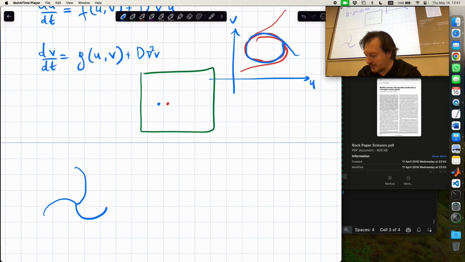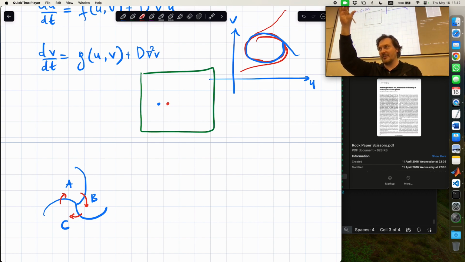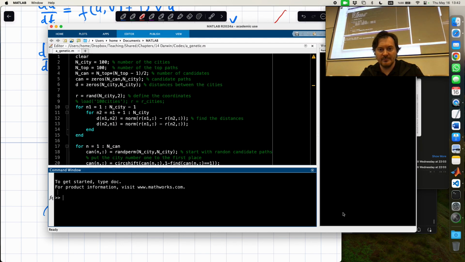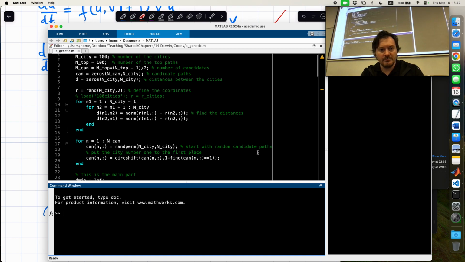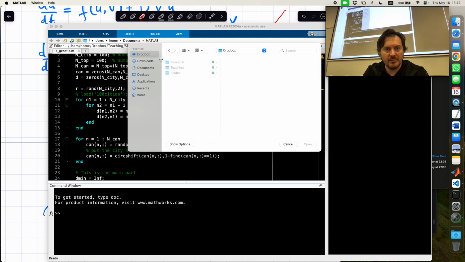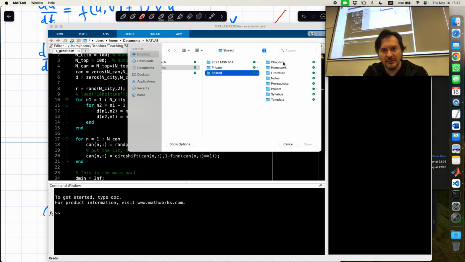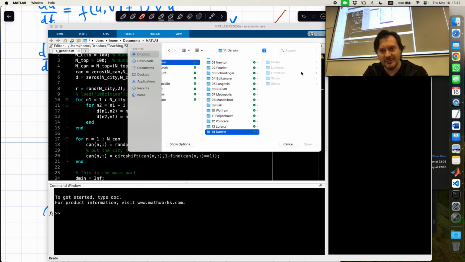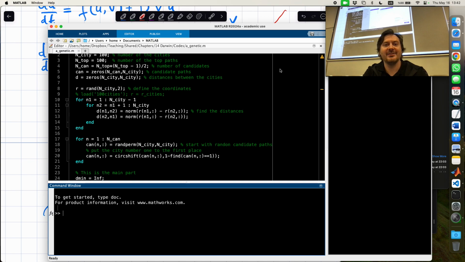Like this kinds of spirals. A is eating B, B is eating C, and it rotates like this because in the time that the B eats C and expands over there, C eats A and expands to the other side, so it starts rotating, right? I happen to have a code for it, which is here. No, this is the genetic code. Let me go to Dropbox, teaching, shared, chapters, Darwin, codes, spirals.